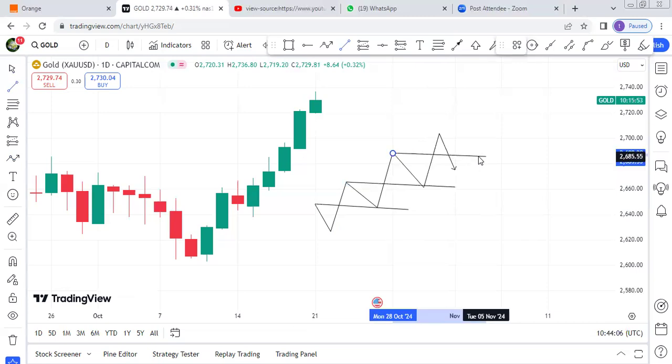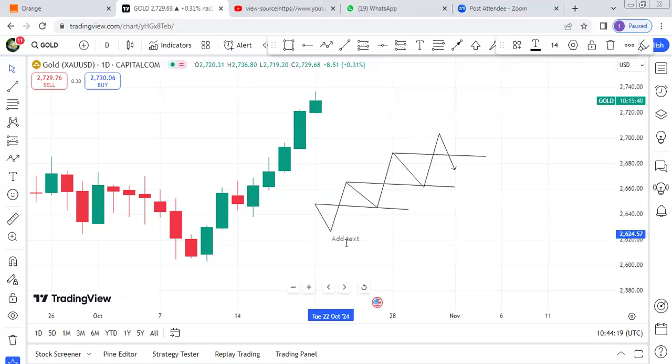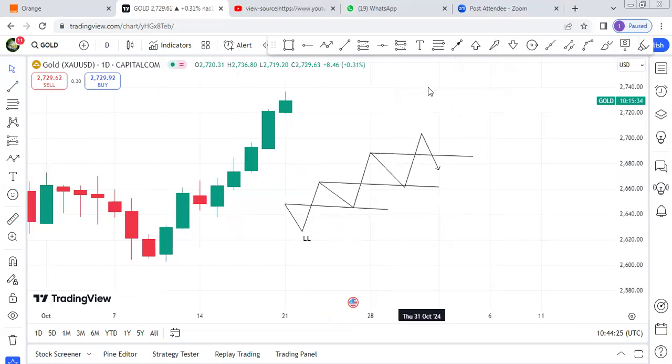Each time the market keeps on breaking the highs and fails to break the lows, we say the market is in an uptrend. So these are the lows that we are talking about here. This is our lower low.